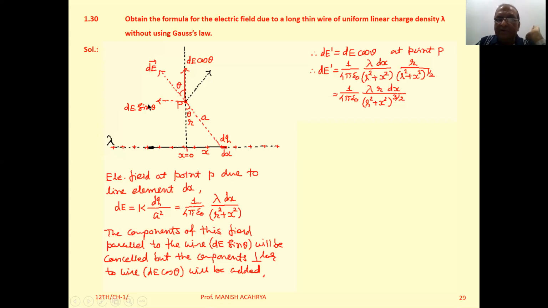But the components which are parallel to the wire, dE sin theta, will be cancelled. It implies that now we can say the contribution in the electric field of this particular element will be only dE cos theta, because dE sin theta will be cancelled by a similar other element.